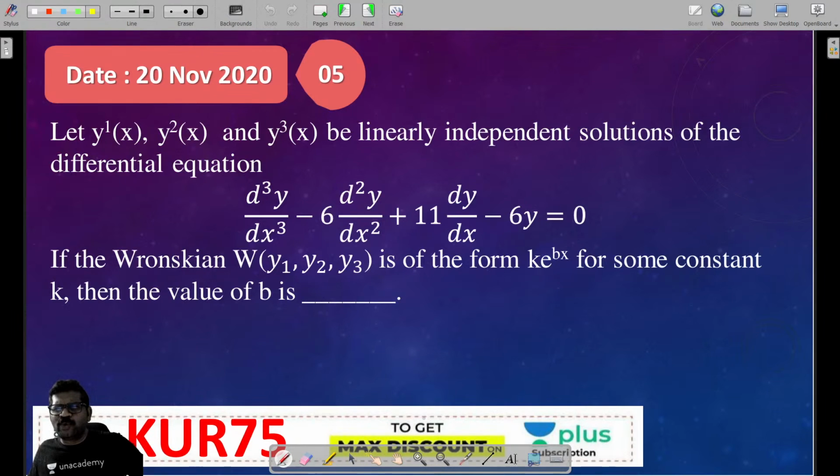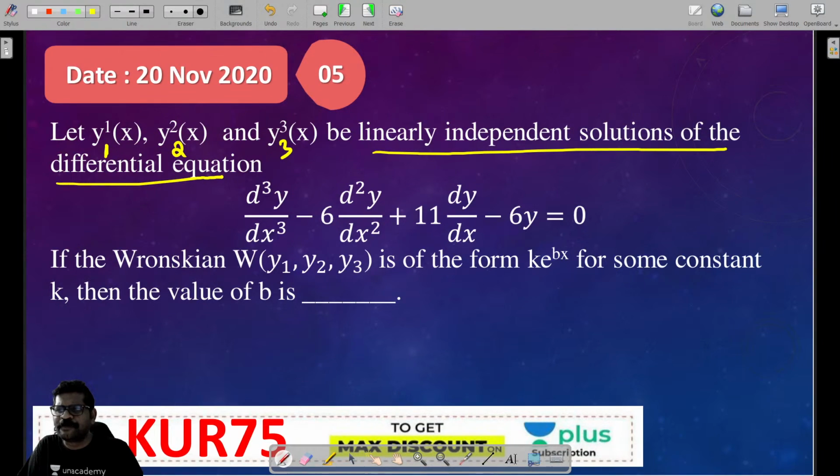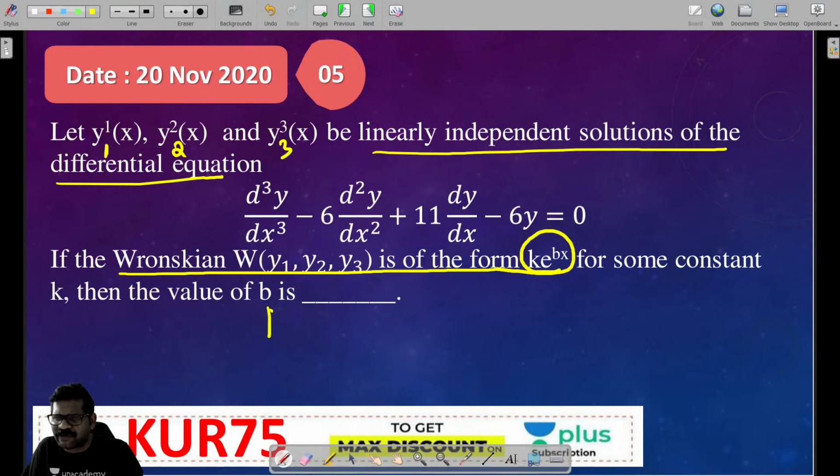Now let y1, y2, y3 be the linearly independent solutions of the differential equation. Then you have to find linearly independent solutions of the differential equation. Then if the Wronskian is in the form of k into e power bx, then what is the value of b?